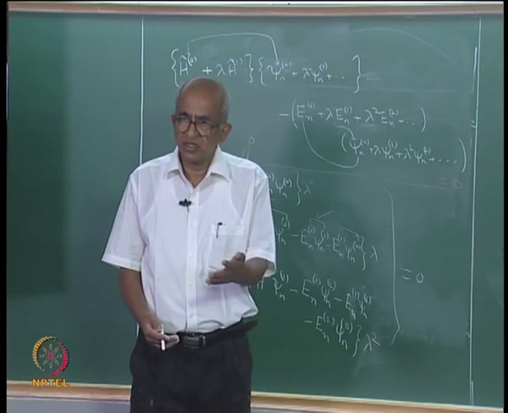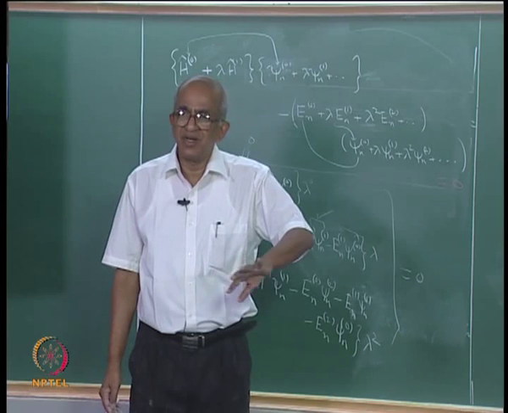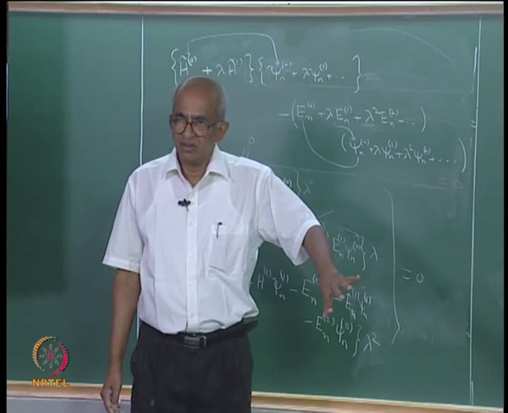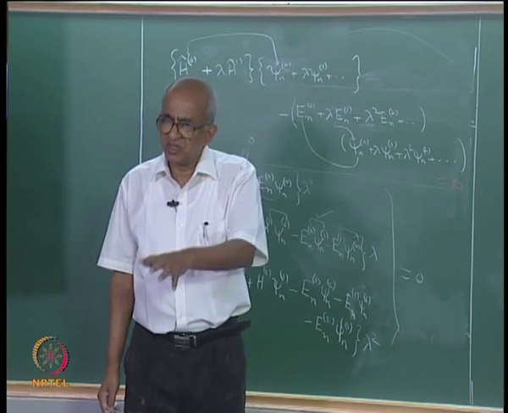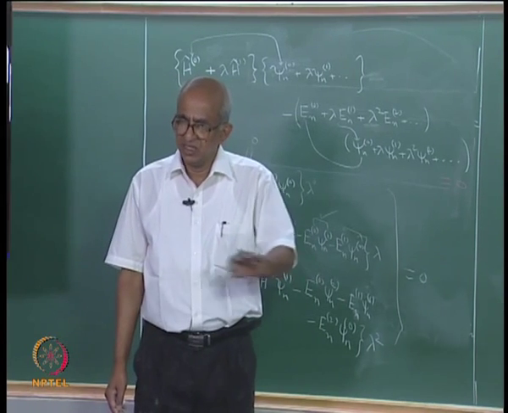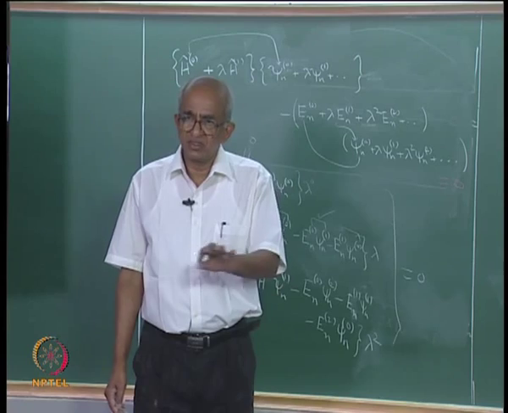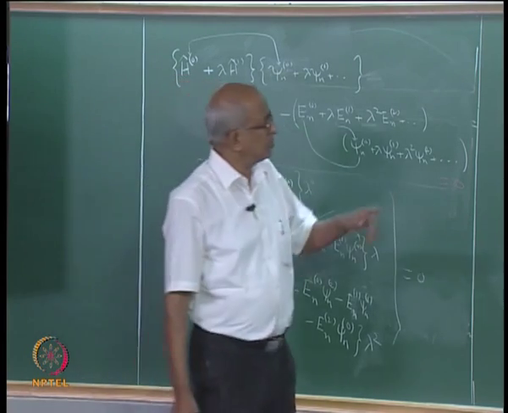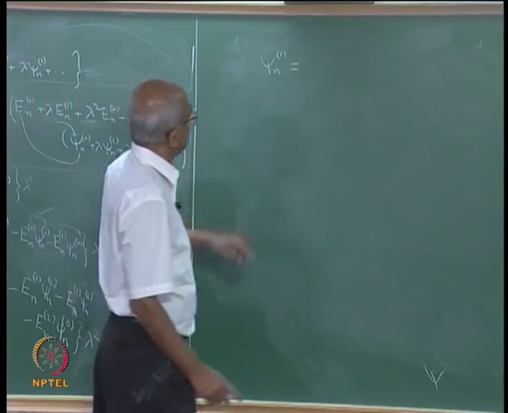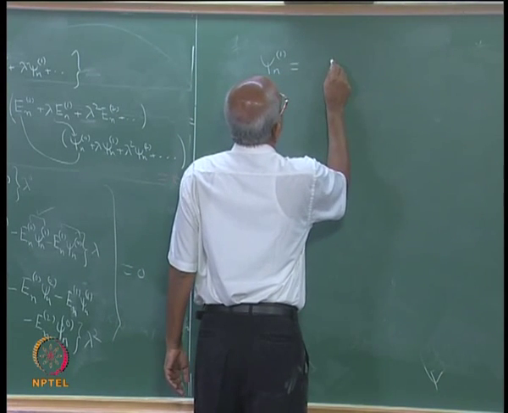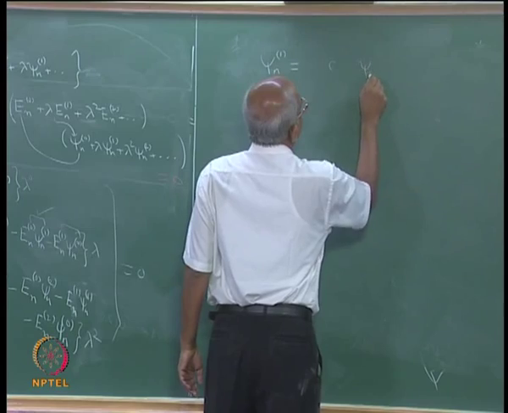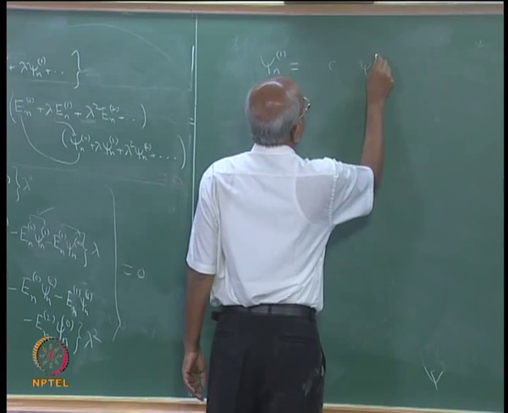These eigenfunctions actually form what is referred to as a complete set. Remember, I told you this. What is the meaning of a complete set? Any arbitrary function can be expressed as linear combinations of this set. So, if I have this unknown function psi n1, I should be able to express this in terms of my psi m0.